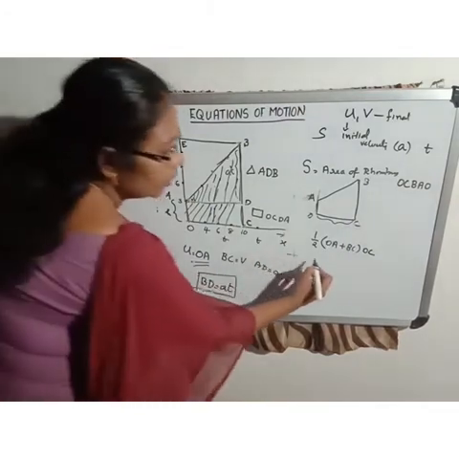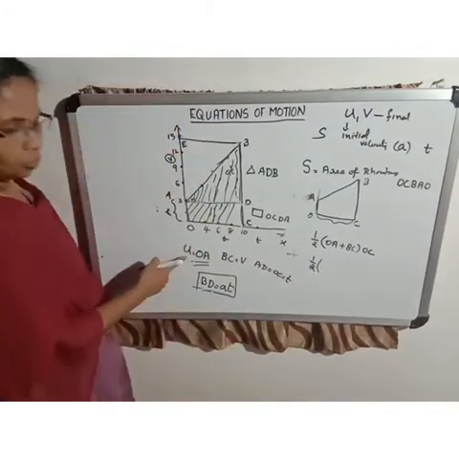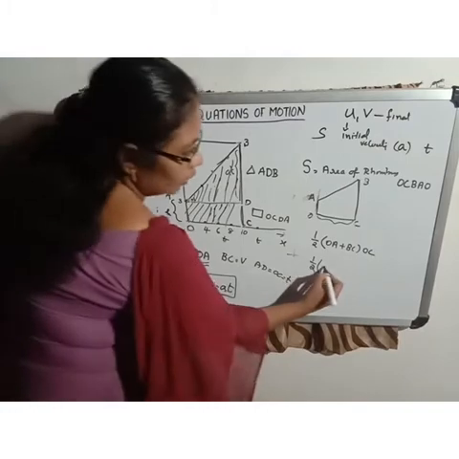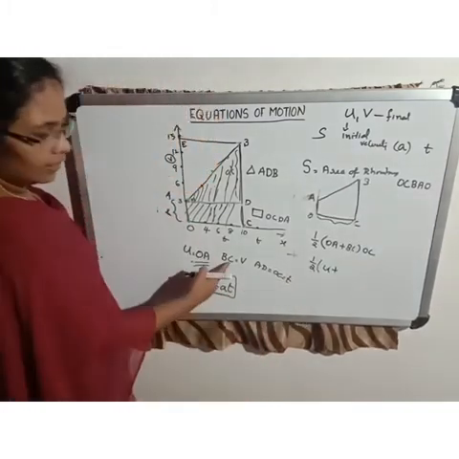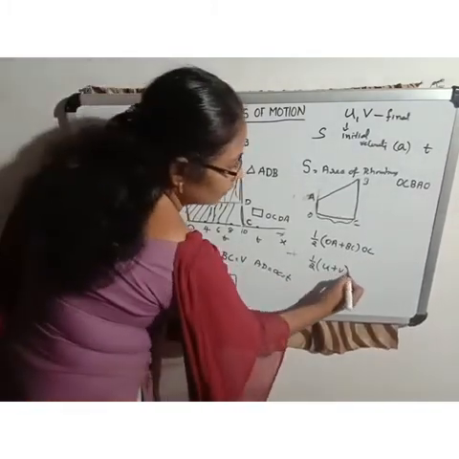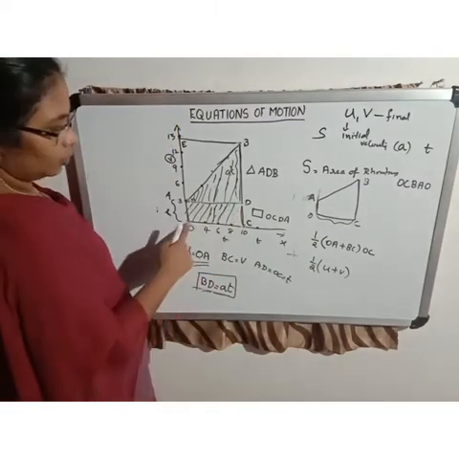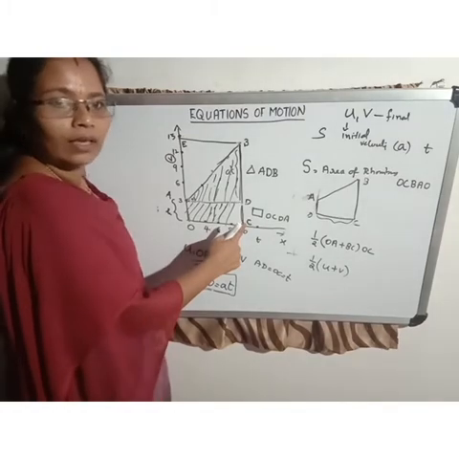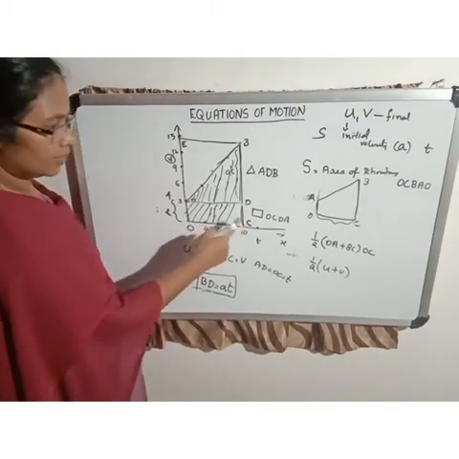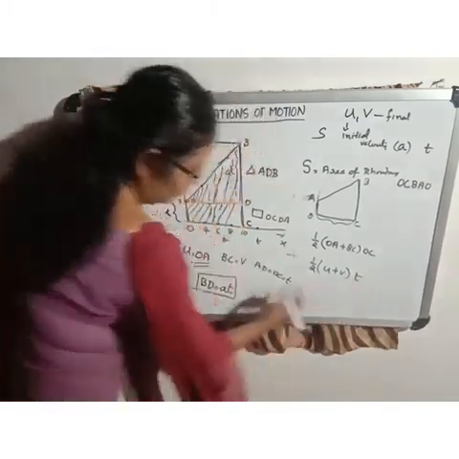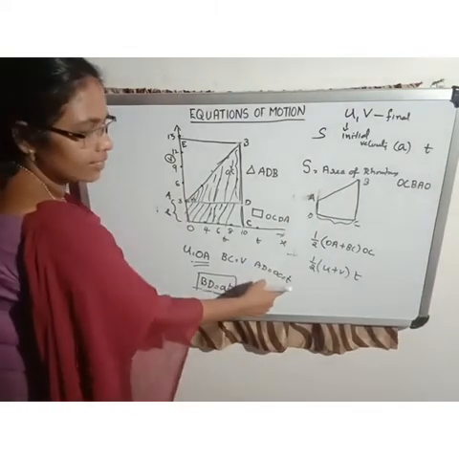Now instead of OA, I can substitute U here. And BC is V here. And OC, we already got it as T.